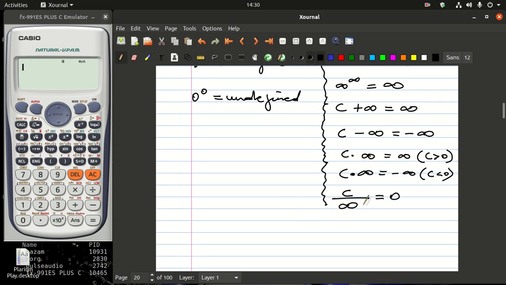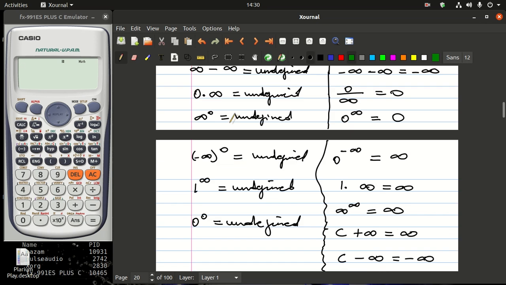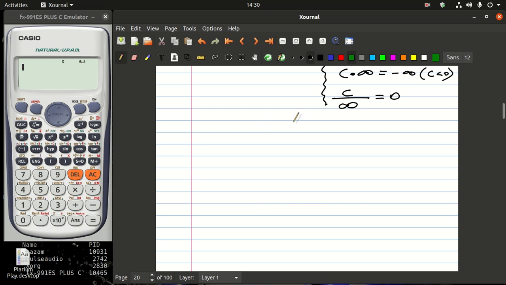When we say 1 raised to infinity is undefined, most students get alarmed because they think that is 1 times 1 times 1 times 1 times 1. Whenever I'm multiplying 1 by itself, I'm still going to get a 1. But the main reason why this one is undefined can be seen if we suppose that it is equal to 1, as most students usually claim.